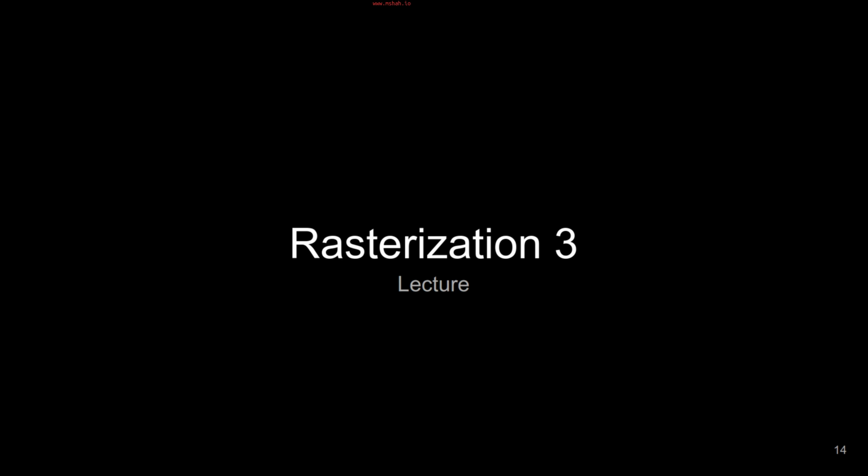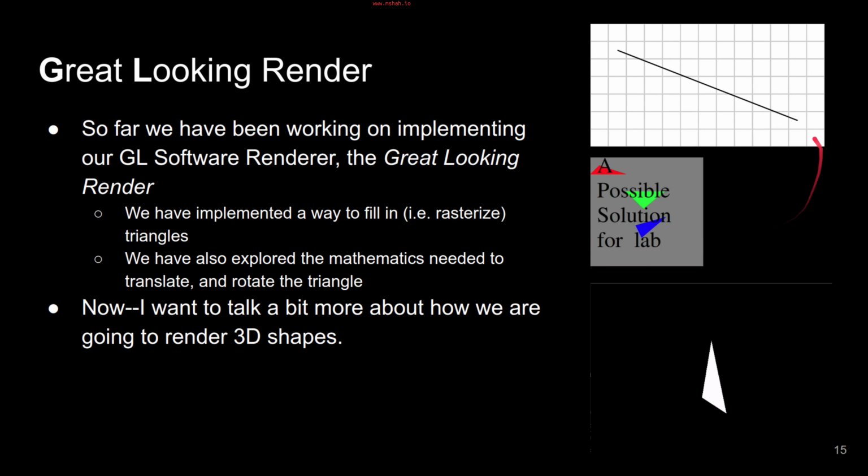This is the third part of rasterization on our great looking renderer. And so far we've been working on implementing this renderer and gotten as far as filling in triangles. We've learned some of the math, some of rotations, and so on, or at least we've seen them and applied them, so that we can start getting some intuition as to how these things work.